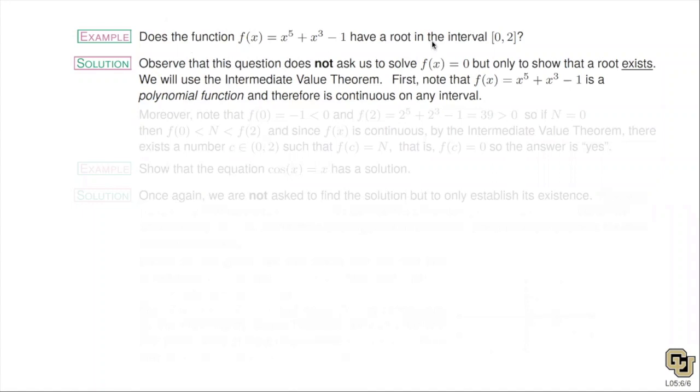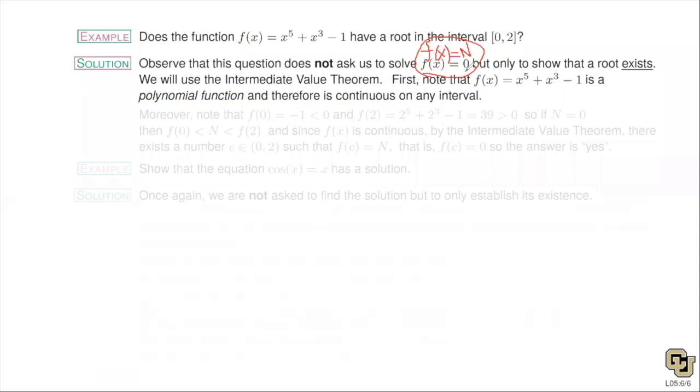We're able to show that there's a number c such that f of c equals capital N. So here the capital N that we want is 0. I want to show f of x equals 0 has a solution. I want to show there's a number c such that f of c equals 0.